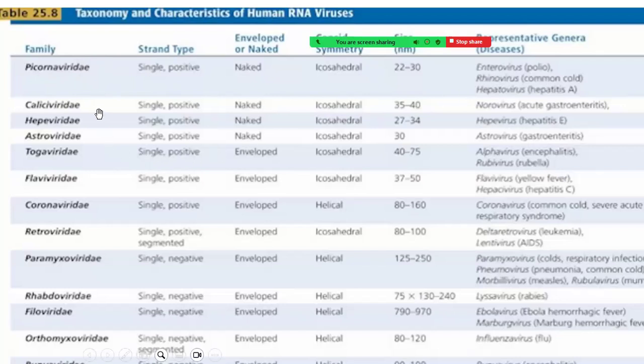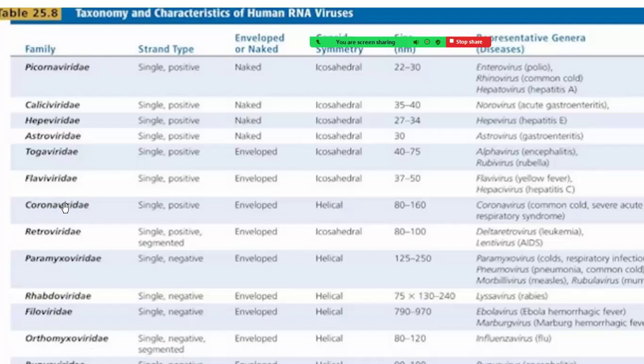We're not going to talk about that one or that one. But we've already talked about, oh, never mind, that's not herpes. That's herpes. Astroviridae, Togaviridae, yeah, we won't talk about those. Coronaviridae, we will talk about that one. I've got 3 slides on this one because it's the family of viruses that causes COVID-19.